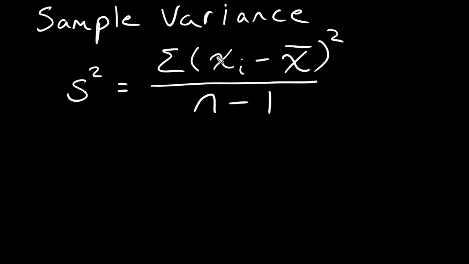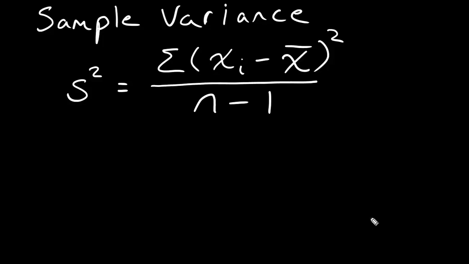Operationally, that is done the exact same way as with the population variance. The big difference comes in the denominator, where instead of the number of observations, we're dividing by n minus 1, so the sample size minus 1, however many pieces of data we have minus 1.